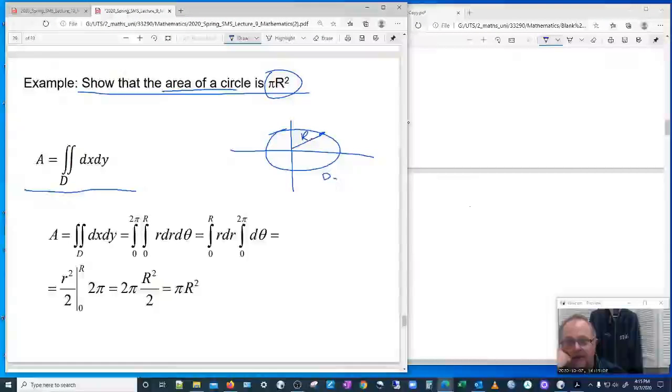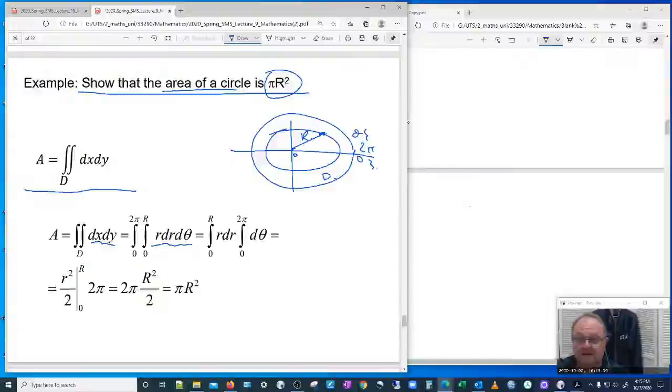So there's our region. We'll transform dx dy into r dr d theta, so it's fairly straightforward. Our r goes from 0 to r, and theta goes from 0 to 2 pi.